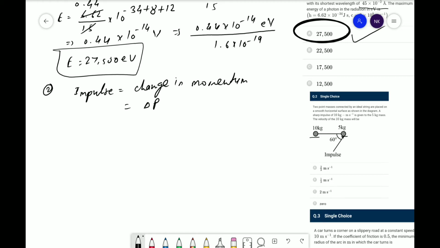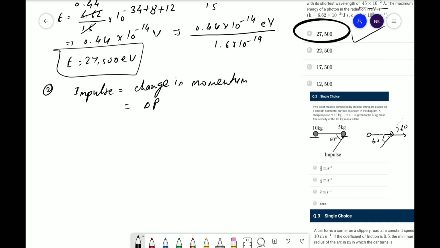Okay, now here you can see that 10, 5 and making an angle 60 degree. So here you can say that this is the vector and direction is this one, the opposite angle 60. Therefore 10 kilogram meter per second impulse applied making an angle 60 degree.